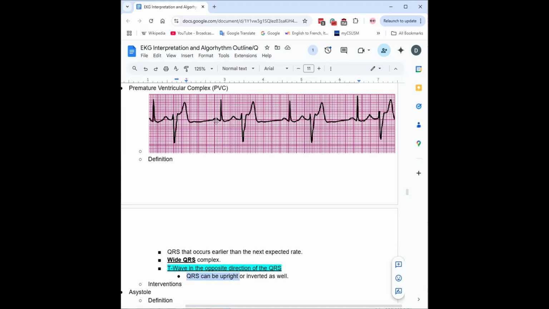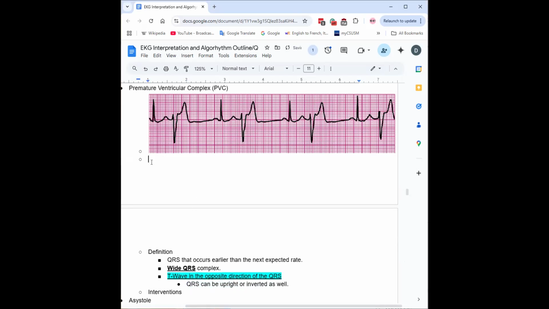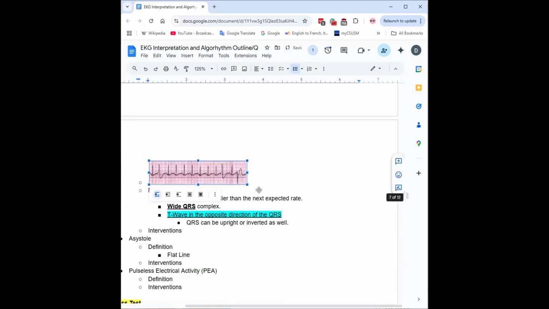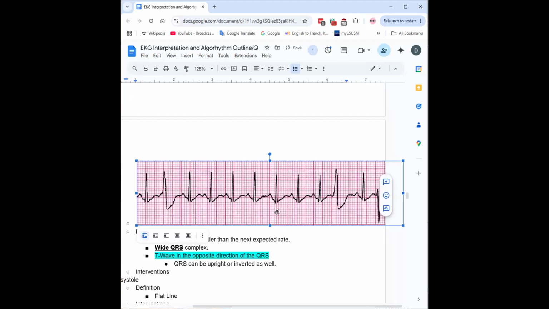But yeah, you can see here P wave, QRS, T wave, PVC, T wave. So we see inverted QRS, and then the T wave in the opposite direction. And if this PVC was going upright, then the T wave will be upside down instead. I have another picture. Let me see if that one shows more stuff here.